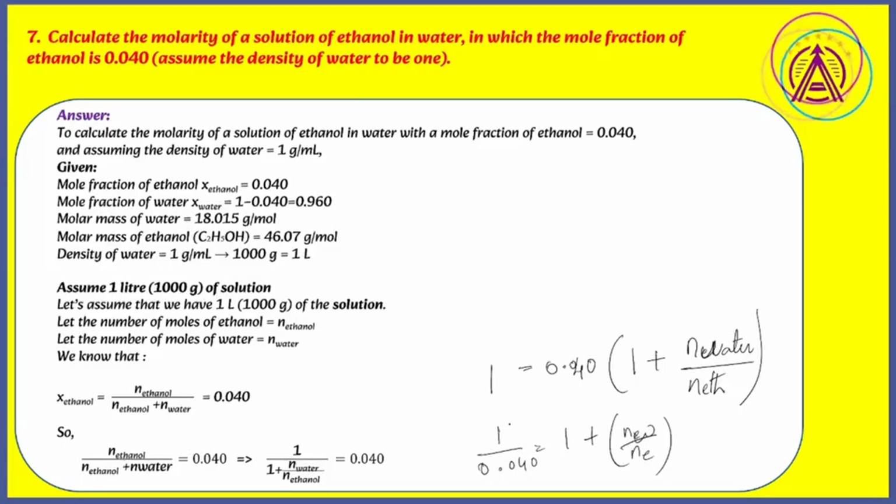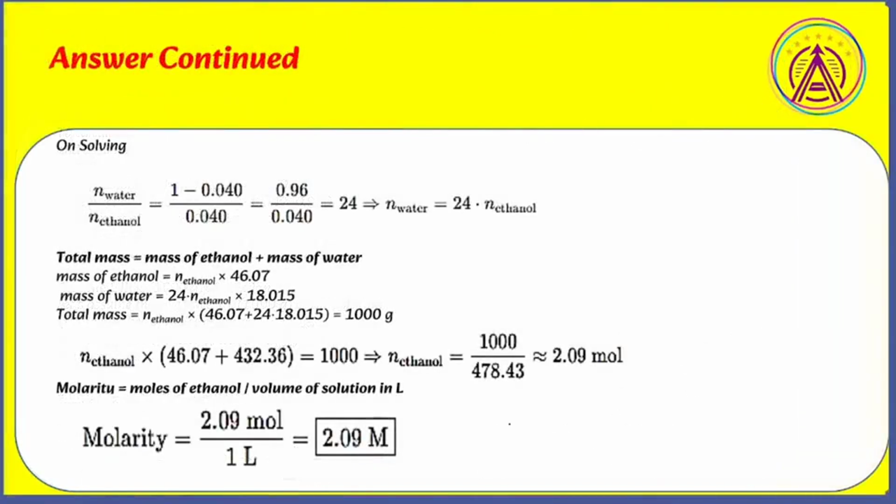Now if I take this one to the other side, I end up getting number of moles of water by number of moles of ethanol. The ratio of moles of water to ethanol is nothing but 1 minus 0.040 by 0.040, which is 0.96 by 0.040. And if I just solve this, I end up getting 24.